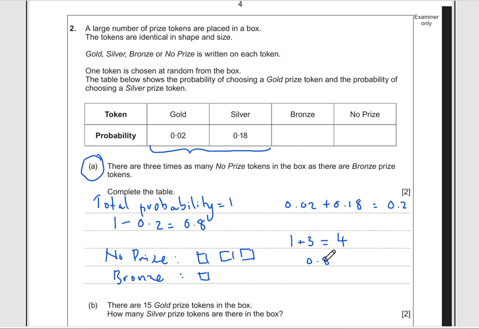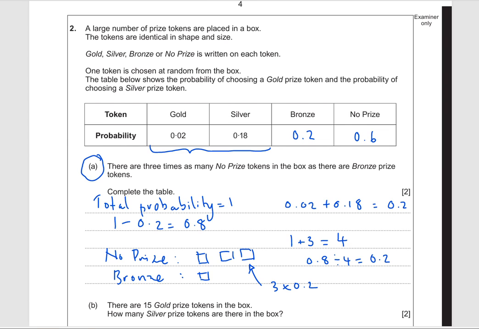I divide 0.8 into 4 parts, that's going to give me 0.2. So bronze would be 0.2 and no prize, it's going to be 3 lots of 0.2, isn't it? Gives me 0.6. Always good to check at this stage that it adds up to what?